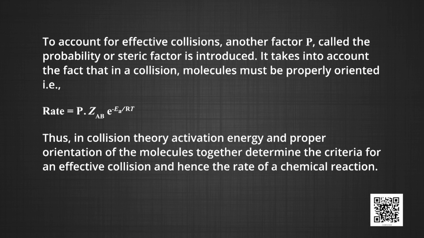Thus, in collision theory, activation energy and the proper orientation of the molecules together determine the criteria for an effective collision and hence the rate of a chemical reaction. Collision theory also has certain drawbacks, as it considers atoms or molecules to be hard spheres and it ignores their structural aspect. You will study details about this theory and more on other theories in your higher classes.